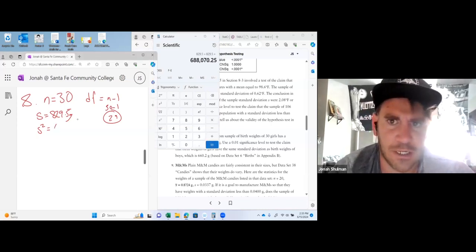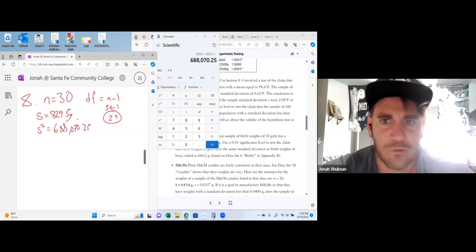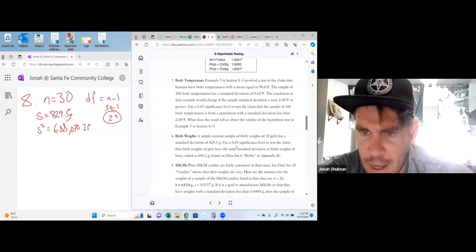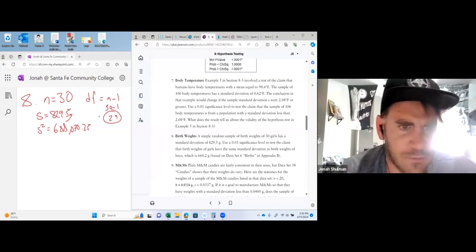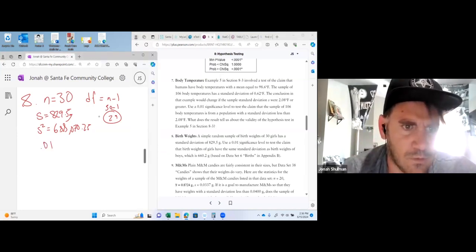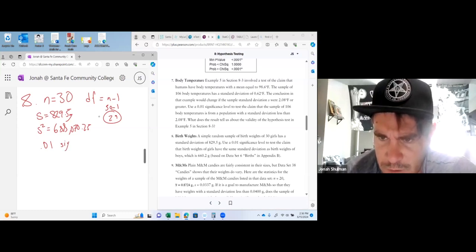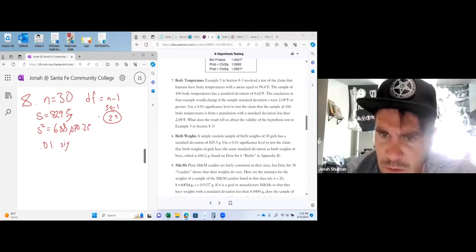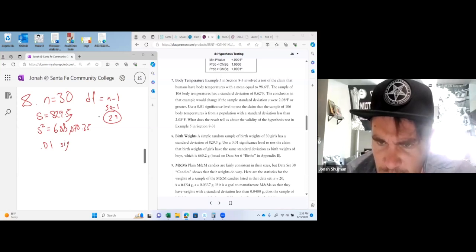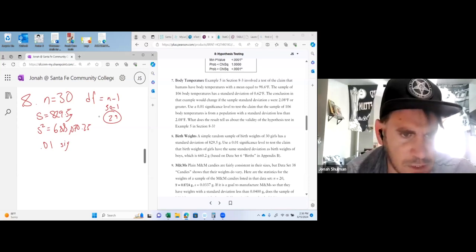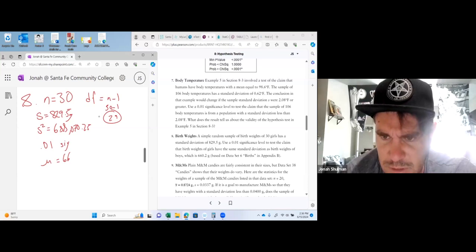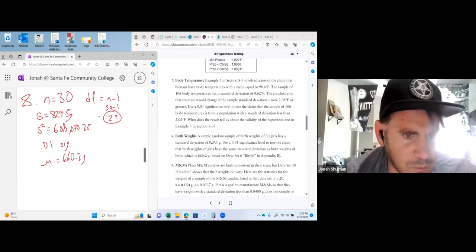Our variance is giant, 688,070.25. Beautiful. We're using a 0.01 significance level, to test the claim that the birth weight of girls has the same standard deviation as the birth weight of boys. They say the standard deviation for boys, the one we're comparing it to, is 660.2 grams.